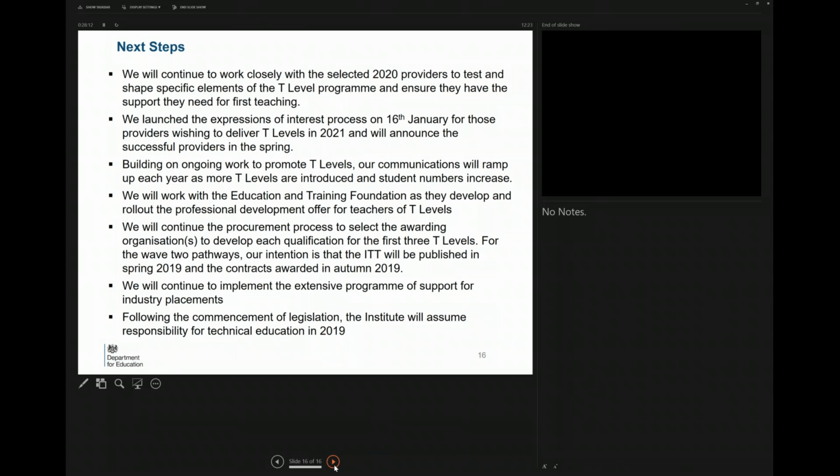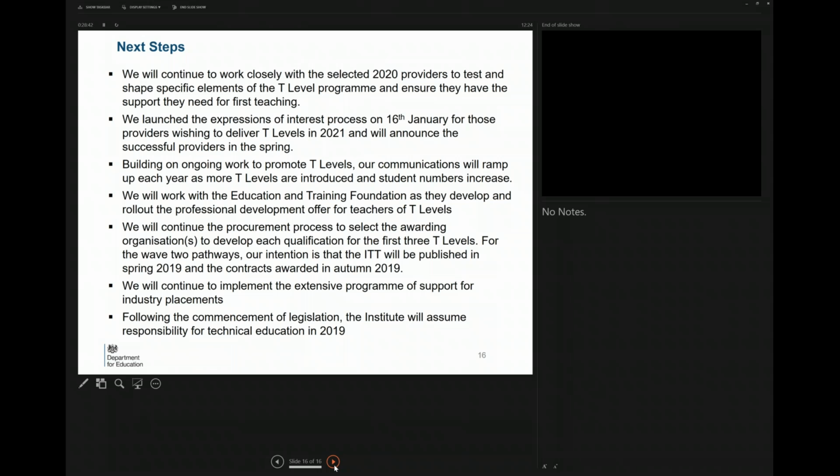We'll also be selecting those providers who'll be offering T-levels in 2021, and we'll be announcing those in the spring. We're also ramping up our communications effort, and I'm really excited about introducing the formal T-level brand later in the spring as well, and ramping that up over the next 12 months or so as we really start to generate interest in T-levels from our core audiences.